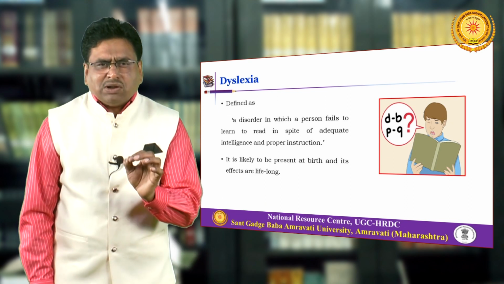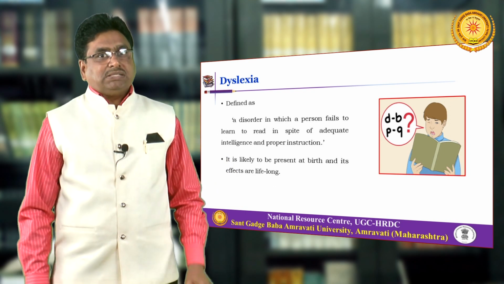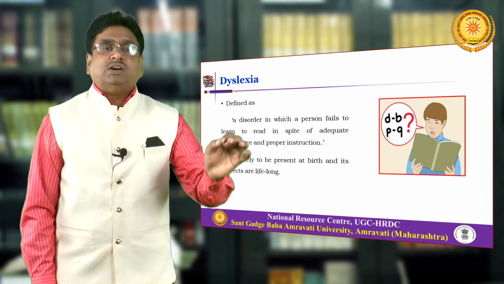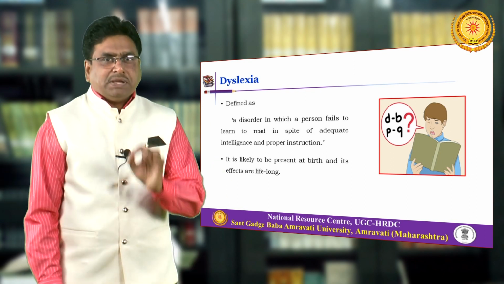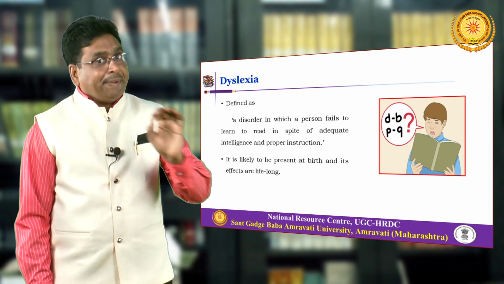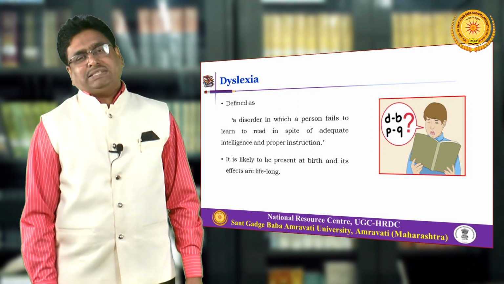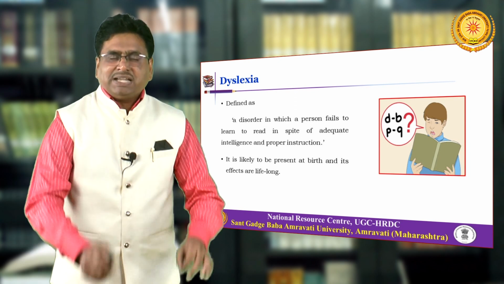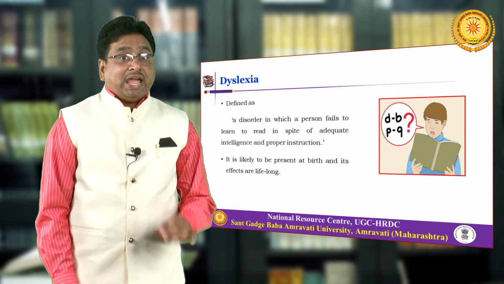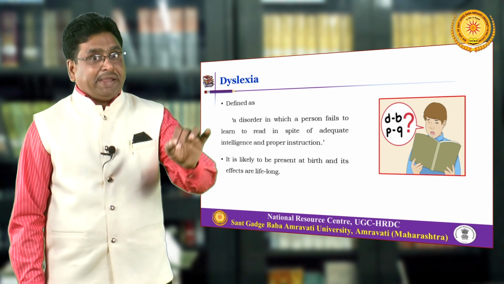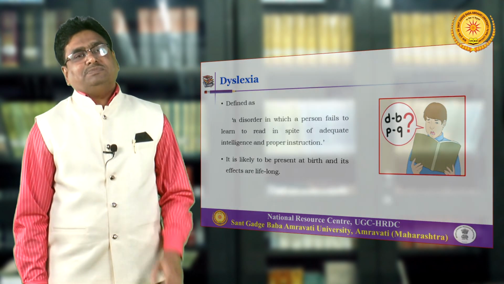Dyslexia is a disorder that affects millions of people all over the world. It is one of the types of specific learning disability that affects the development of literacy and language related skills. It is likely to be present at birth and its effects are lifelong.